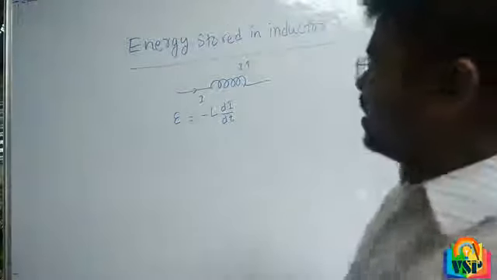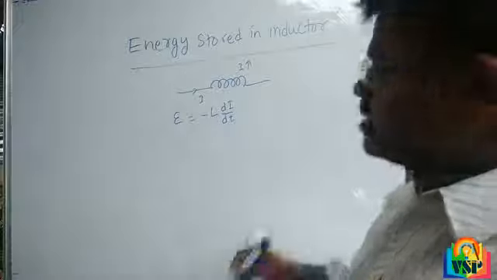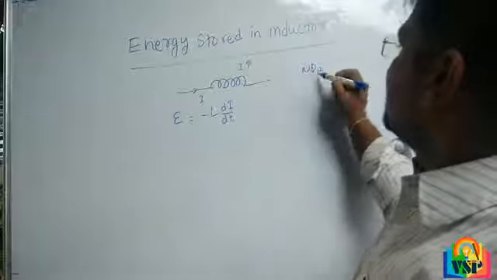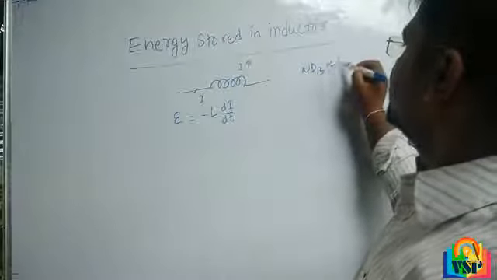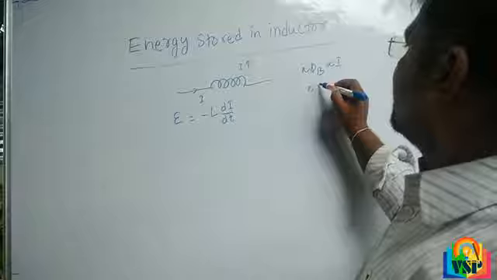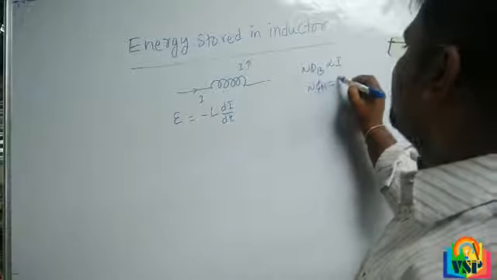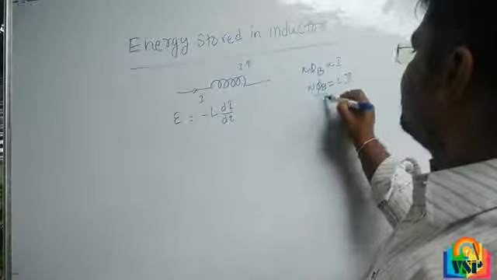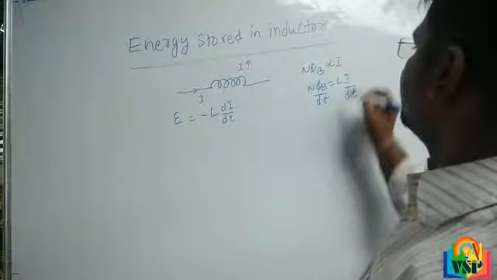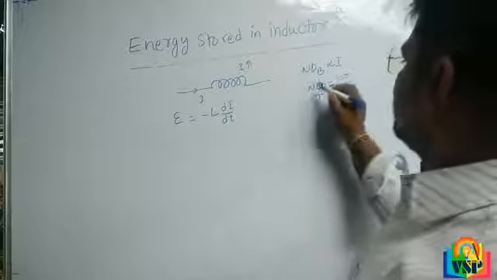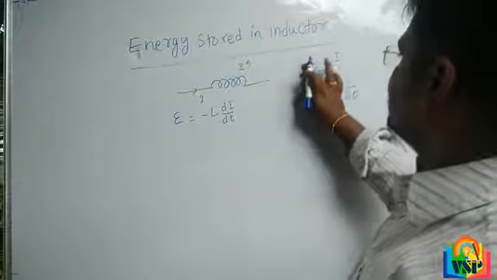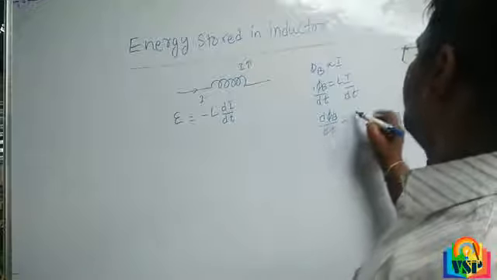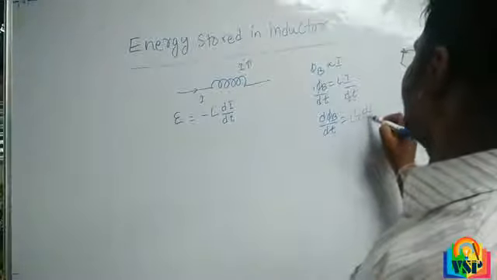How do we get this? We know that N phi B is directly proportional to I, or N phi B is equal to L I. By differentiating with respect to time, we can remove the number of terms and take d phi B by dt is equal to L di by dt.